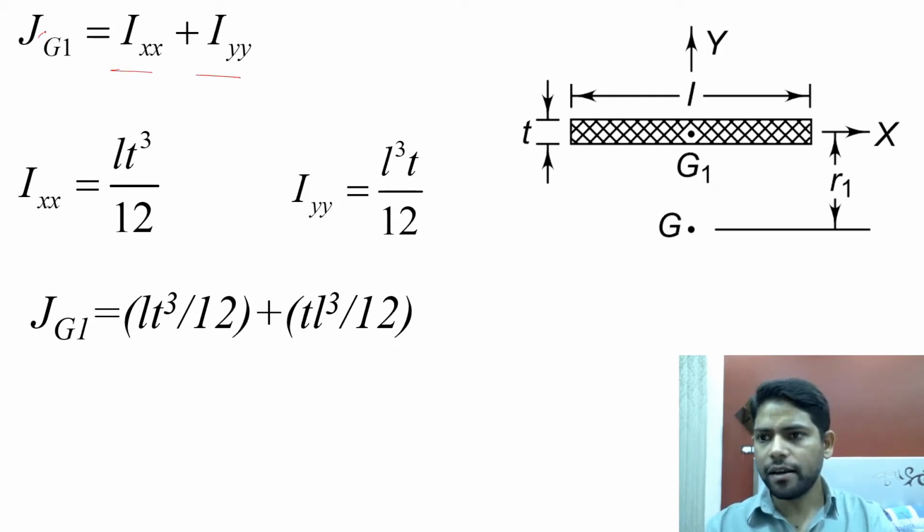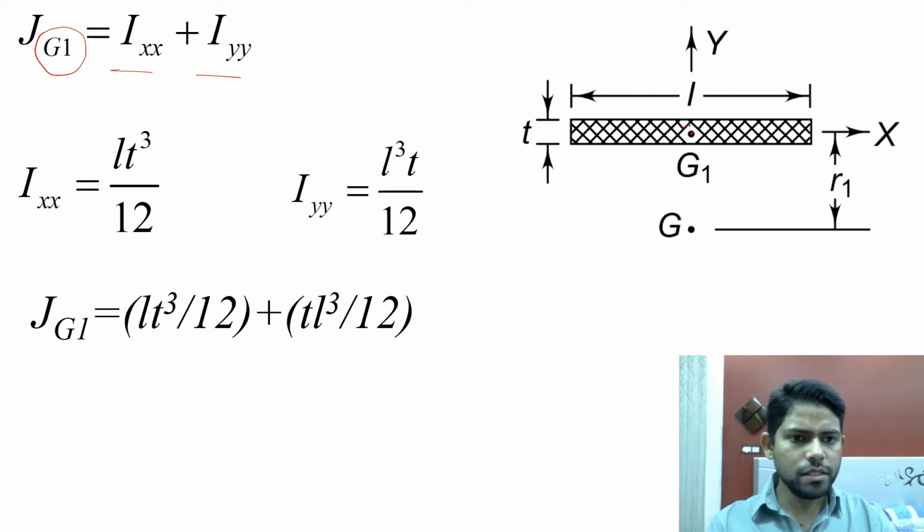Mind it, I have written G1 over here. That is because this polar moment of inertia is calculated about the center of gravity of the cross section of this beam. That is because this is the point where your Cartesian coordinate system was kept.